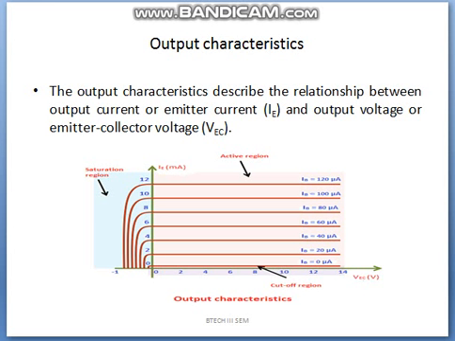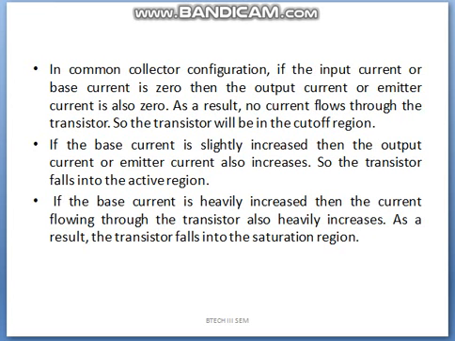The output characteristics are explained in three regions: saturation region, active region, and cutoff region. In common collector configuration, if the input current or base current is 0, then the output current or emitter current is also 0.